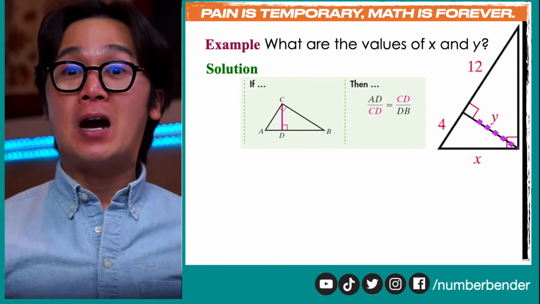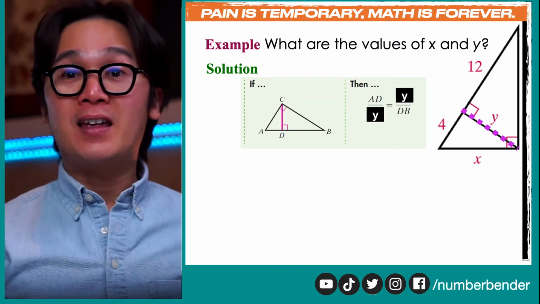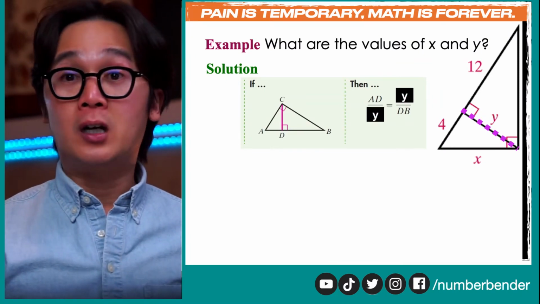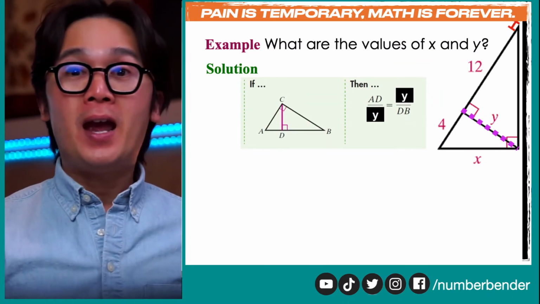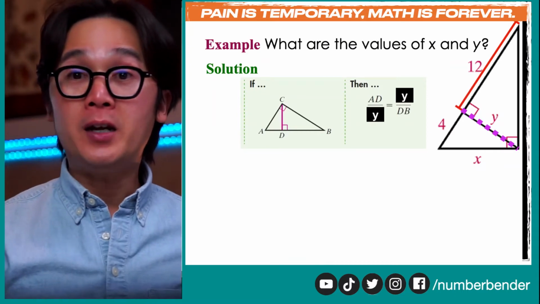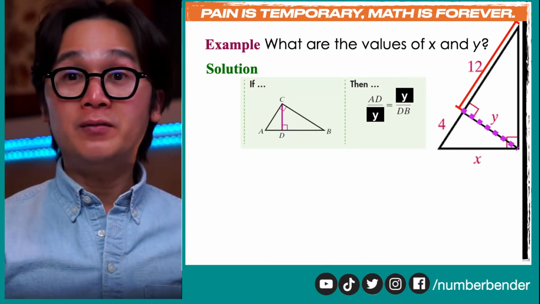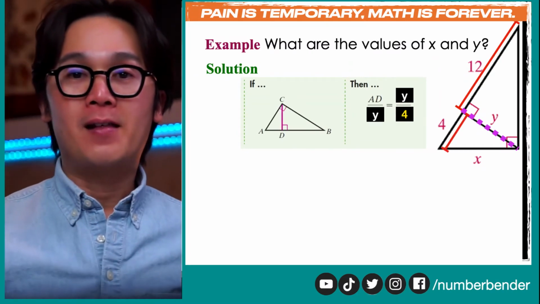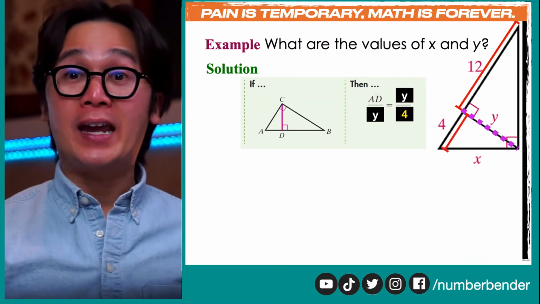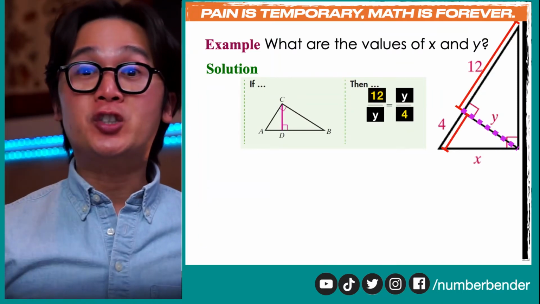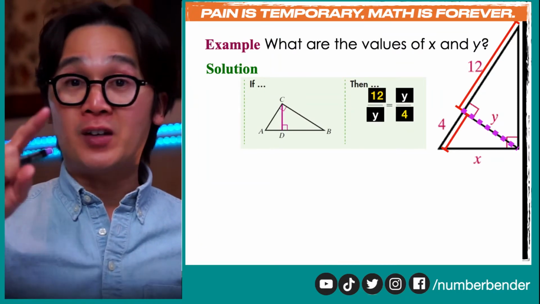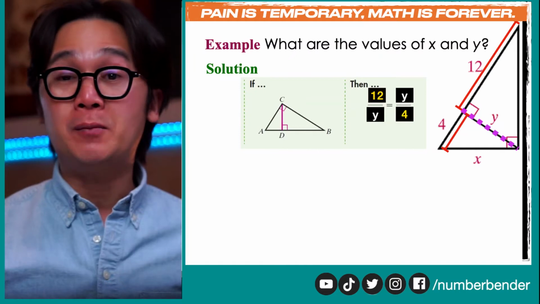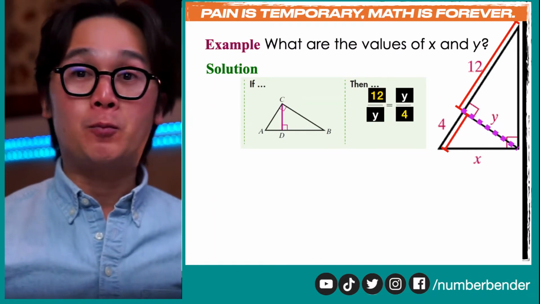So now that we have our proportion, given that the height of our right triangle is y, and the hypotenuse segments are 12 and 4, depending on the measurements that we're using. And again, don't worry about interchanging 4 and 12, because even if you interchange them, the value will still be the same using this proportion.